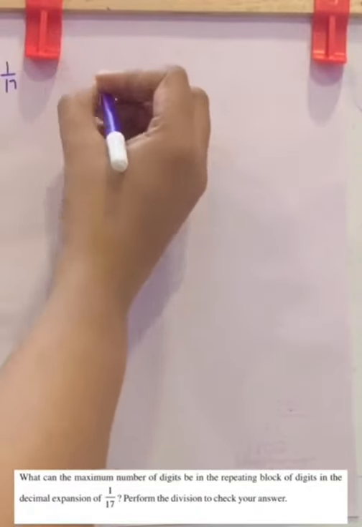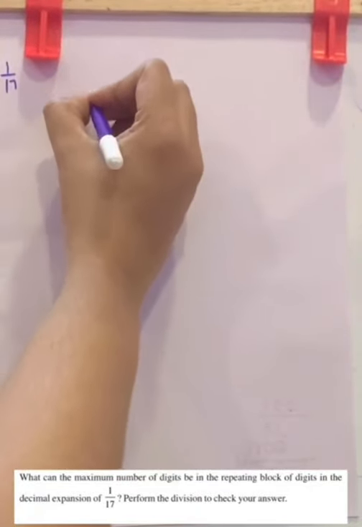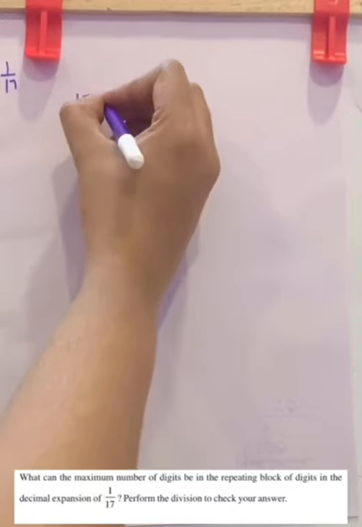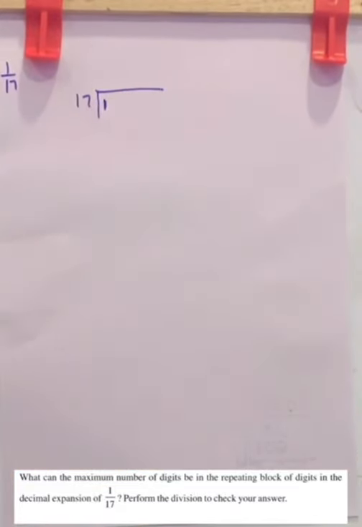Next question, what can the maximum number of digits be in the repeating block of digits in the decimal expansion of 1 by 17? Let us perform the division and check. 1 by 17 is the question. So let 17 be here, inside it is 1.